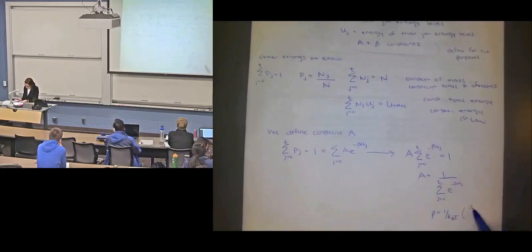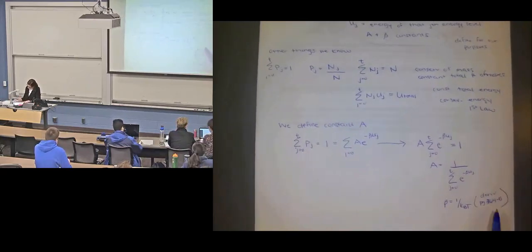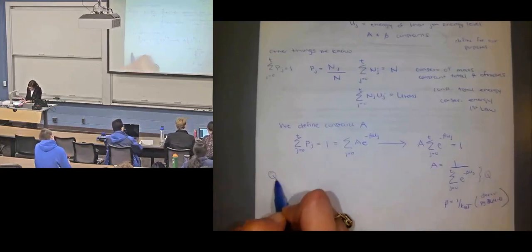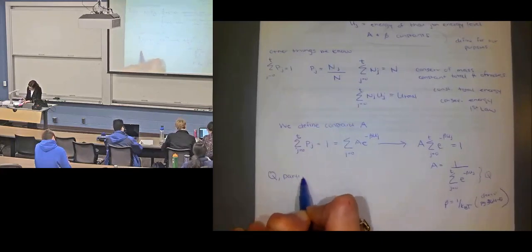Okay? The derivation of this beta term is on pages 364 and 365. And then we are going to call this term here Q, or partition function. Q is called partition function.